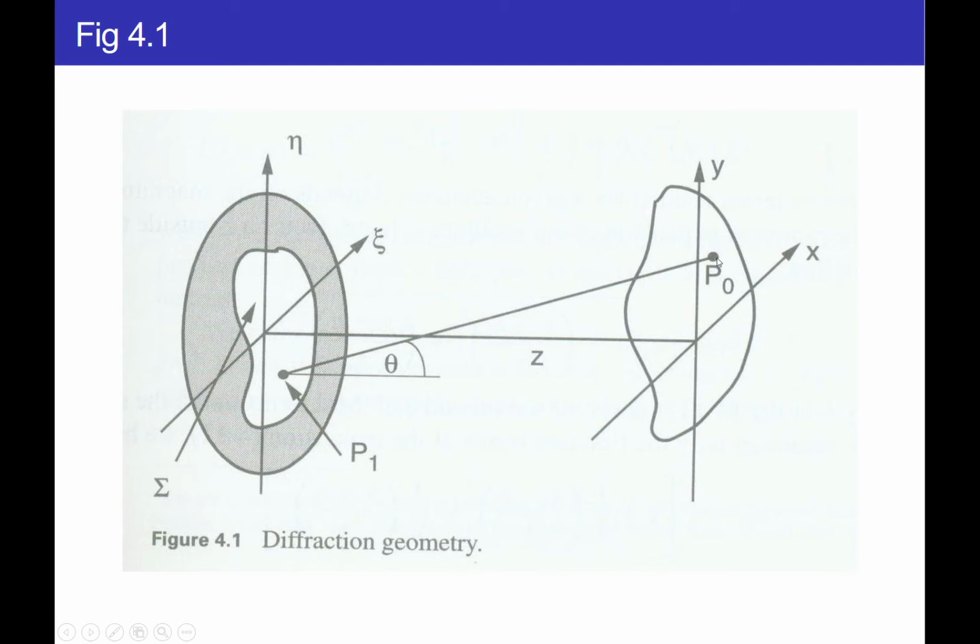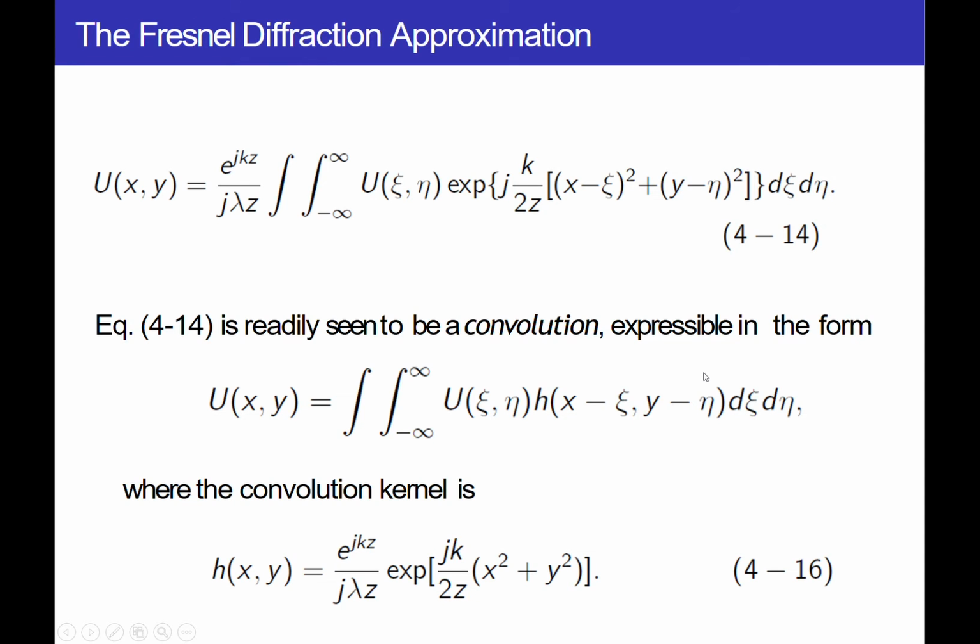So basically, for the scalar field at the aperture plane, we would like to know the scalar field at the observation point, P0. Mathematically, this equation 4-14 is what we know as the Fresnel diffraction approximation.